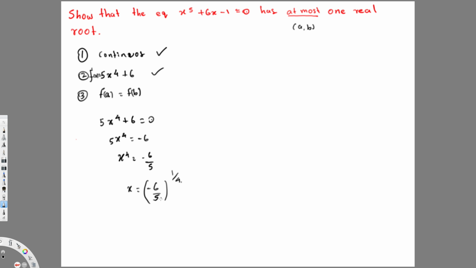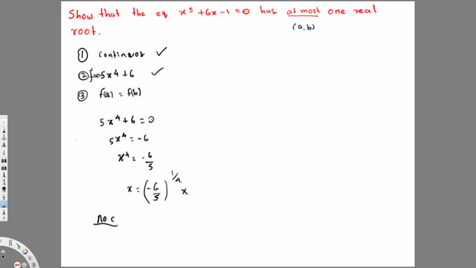But you can't take the fourth root of this value because it is a negative number. If you take a fourth root or square root of this kind of value, it gives you an error in the calculator. You can try it in your calculator. Therefore this does not exist. Therefore this fails. There's no c, no real root.